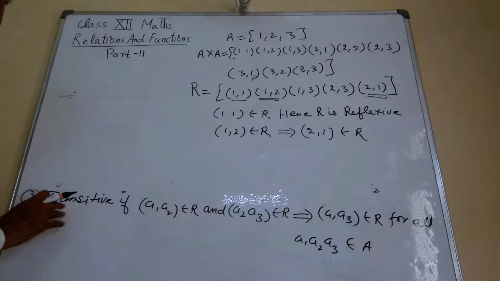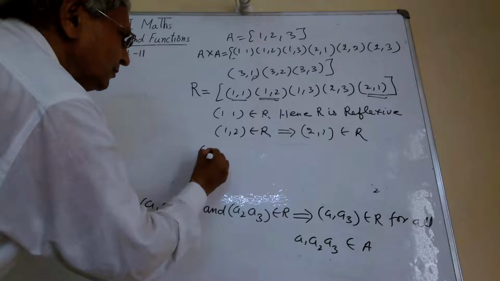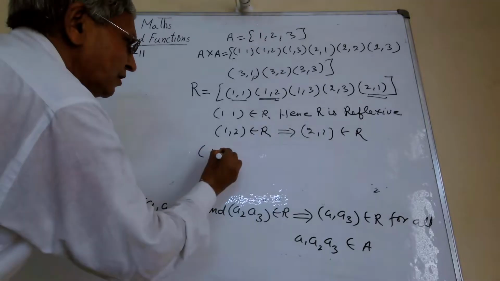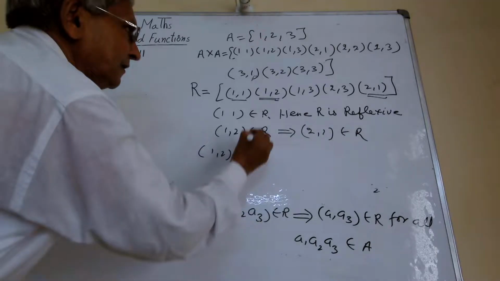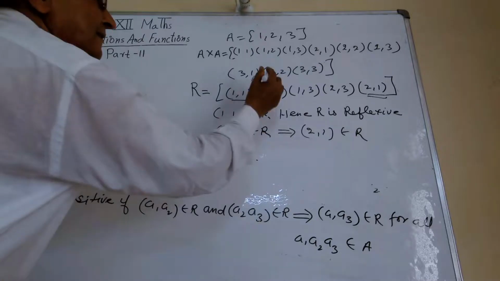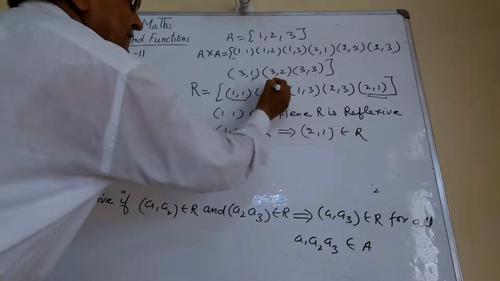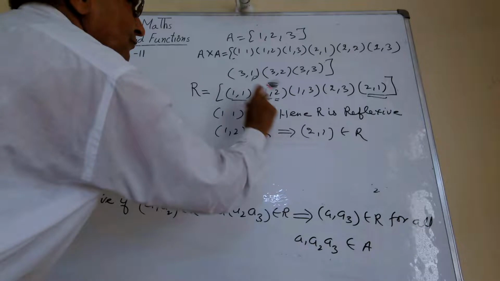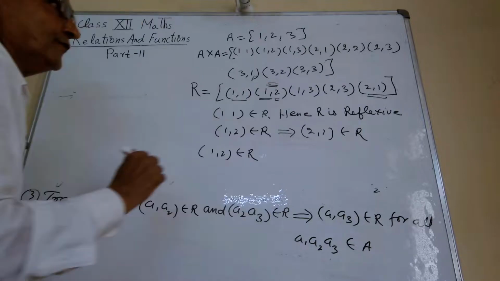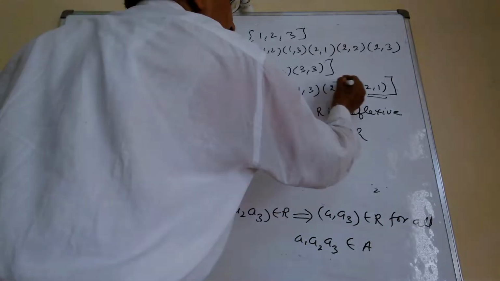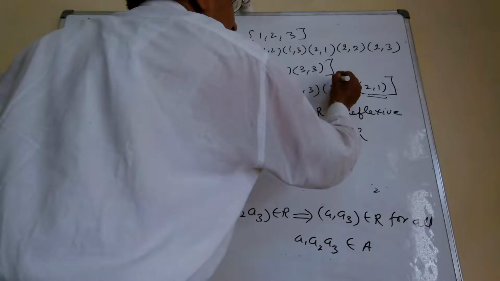Listen to me. (a1, a2). It means third: (1, 2) belongs to R, and (1, 3) and (2, 3) belongs to R.